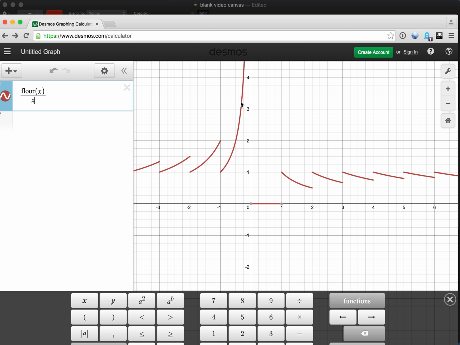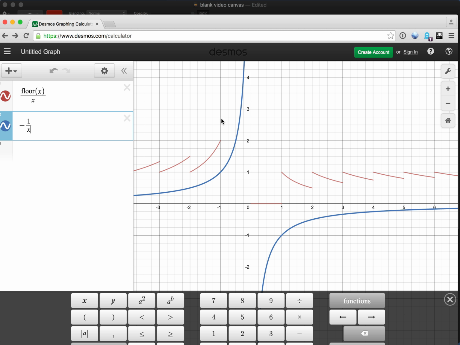Look at this. Oh, bam. What do you notice about minus 1 over x? It overlaps right there.